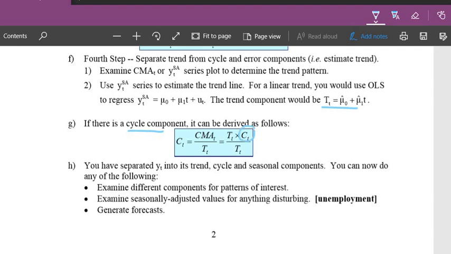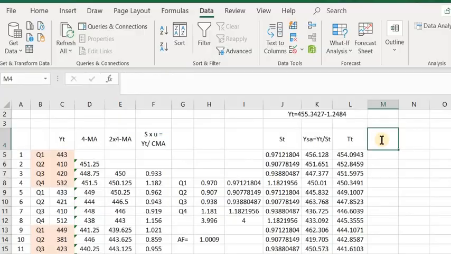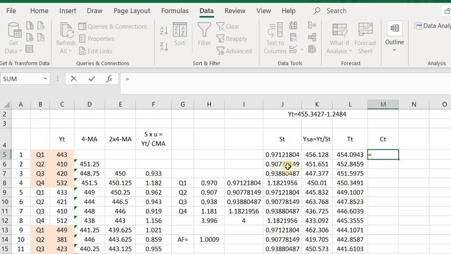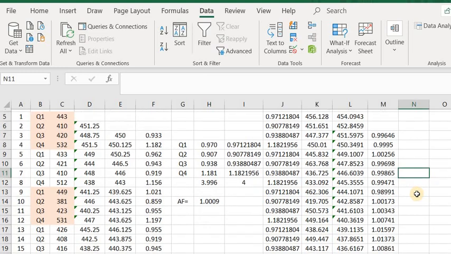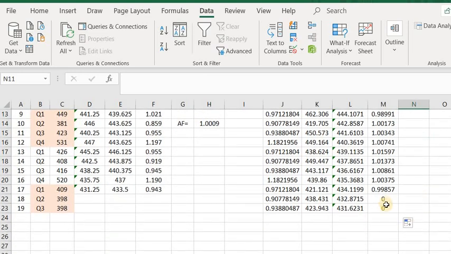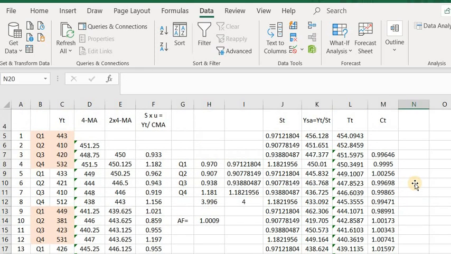So CMA divided by trend. Now we see that the value of CT, which is the cyclical, is nearly 1. All the values here are nearly 1. So we can assume that there is no cyclical component in the series.